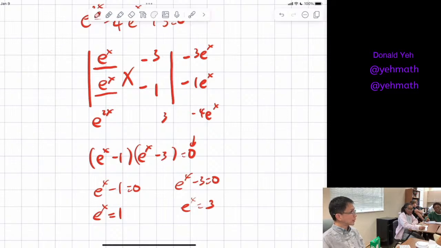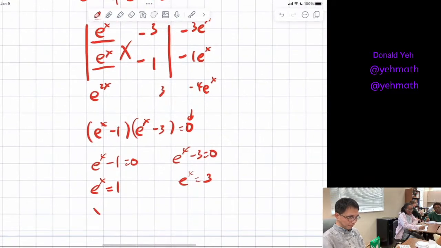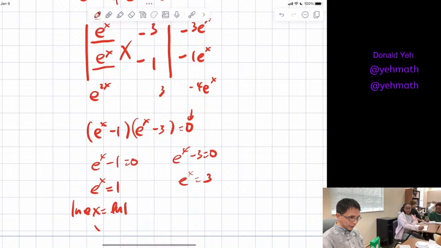Now what do I do next? ln on both sides, ln of e to the x, so x equal to ln of 1. What's ln of 1? 0, good job. What's ln of 3?